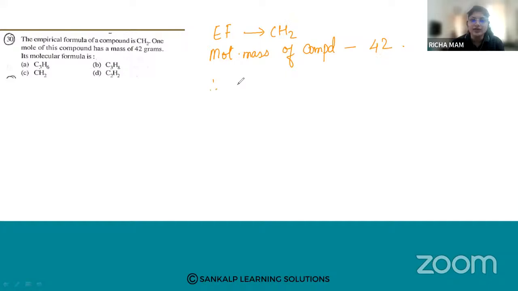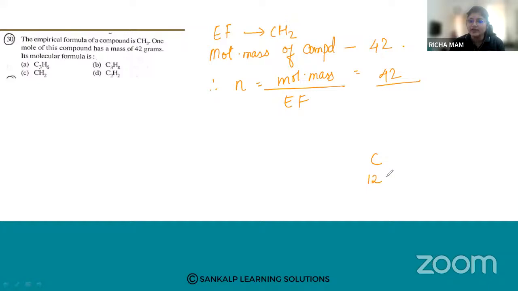So we know that N can be calculated as molecular mass divided by the empirical mass. Molecular mass is 42. What is the empirical mass of CH2?